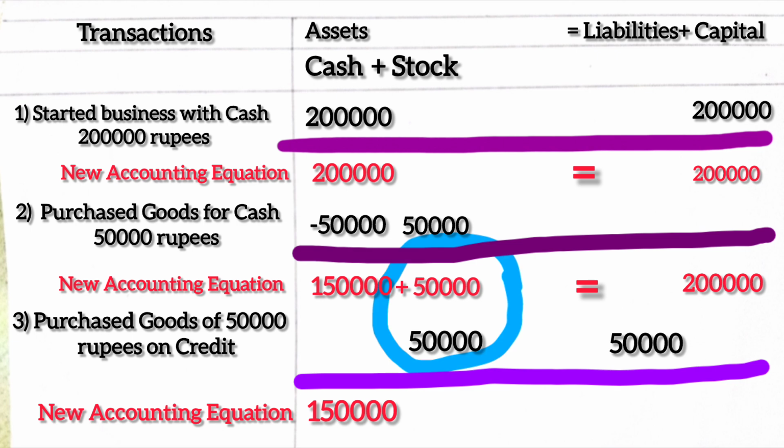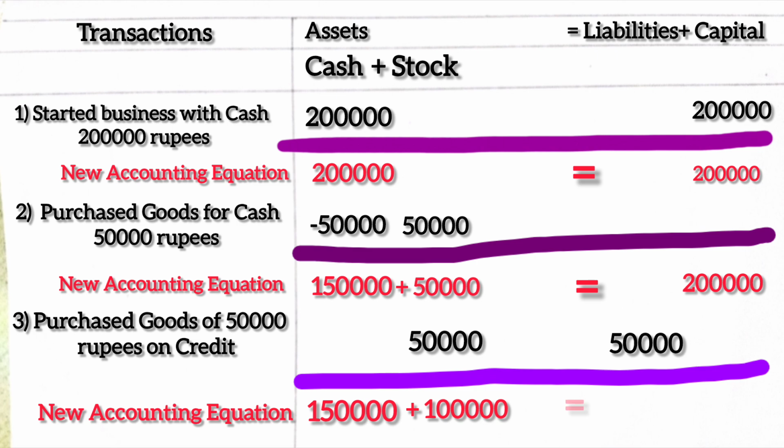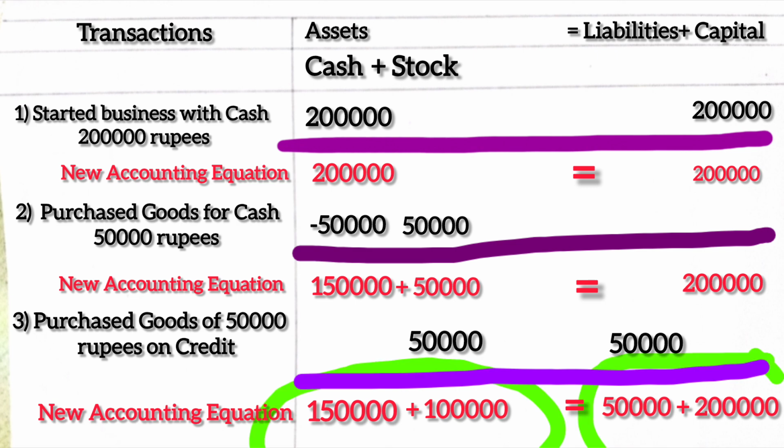So if we add this, we get 1 lakh. Yes or no? And under the liabilities column we have 50,000. We will bring it down, and in the capital we have 2 lakhs. Now if you do the total, you see the assets are equal to liabilities plus capital. 1 lakh 50 plus 1 lakh is equal to 2 lakh 50.